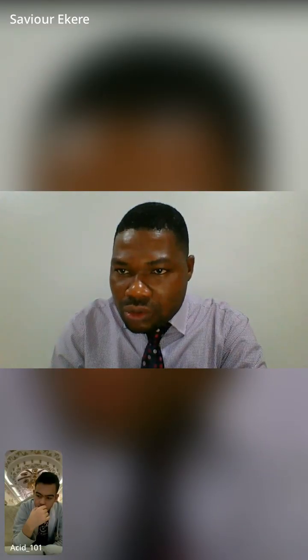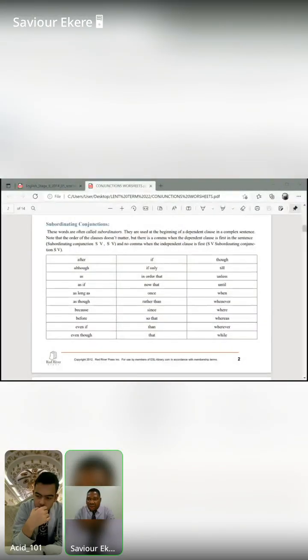Anytime you are using these to begin a clause, it means that clause is a dependent clause. The clause needs another clause which is independent to make it a complex sentence.